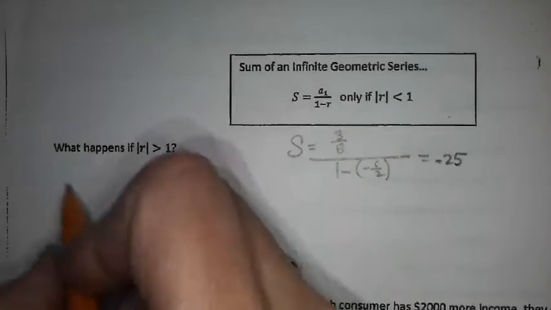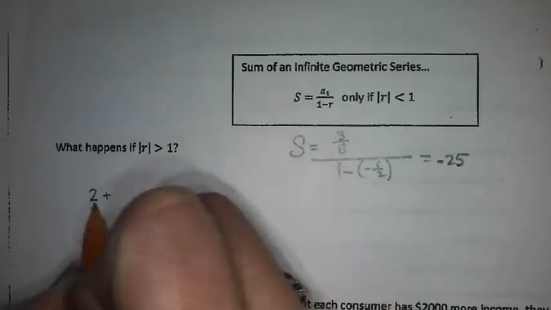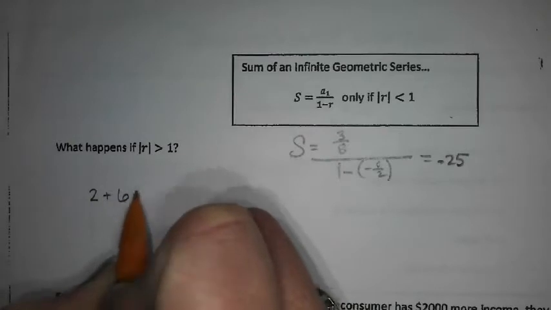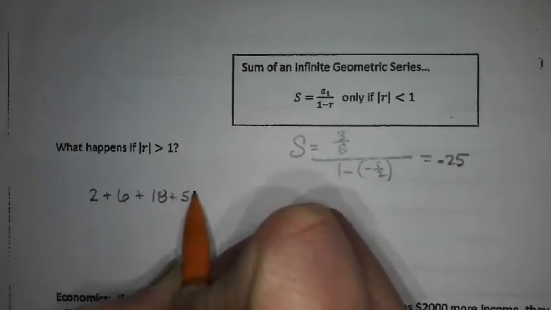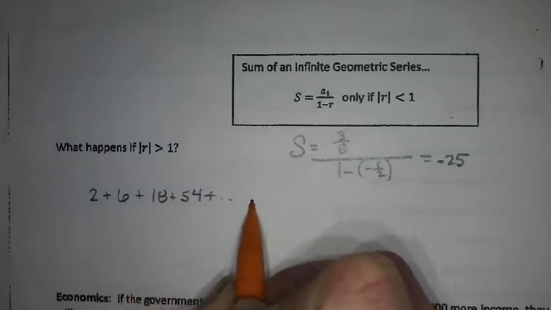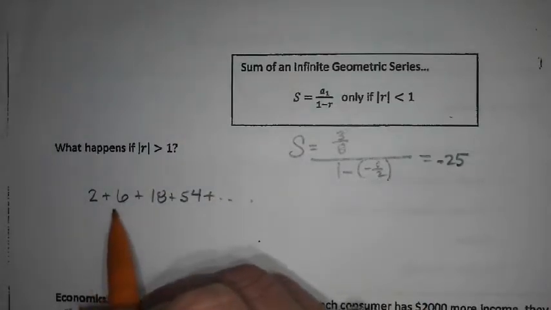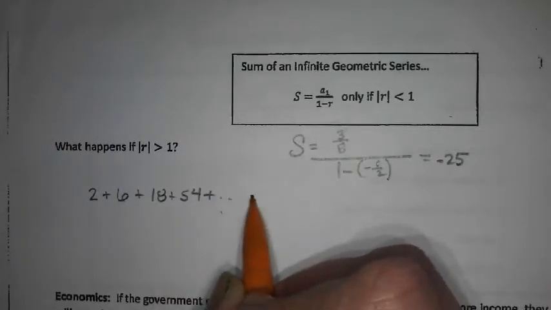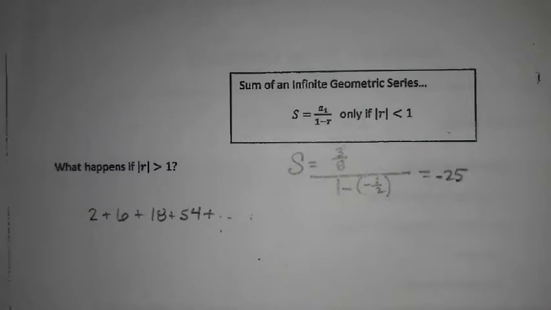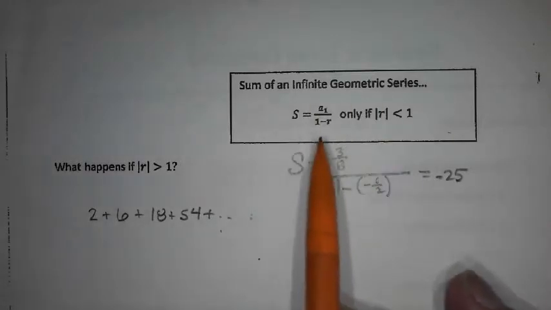If you keep multiplying 2 by, let's say your multiplier is 3, so then you do 6, and then you do 18, and then you do 54, and you try to find the sum of this infinite geometric series, it's going to be infinity. Because these numbers are approaching infinity, and so obviously when you add them all together, that's approaching infinity tenfold, right? So you cannot use this formula.